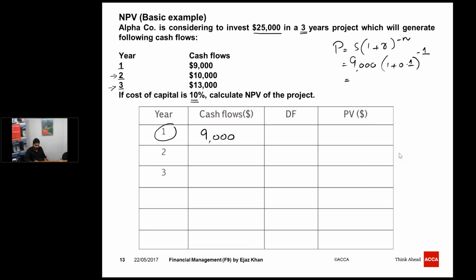No one? 9763. I don't think 9763. The present value can never be higher than the cash inflow itself. I just need it for year 1. Just calculate the present value of the year 1 cash flow, that is $9,000.